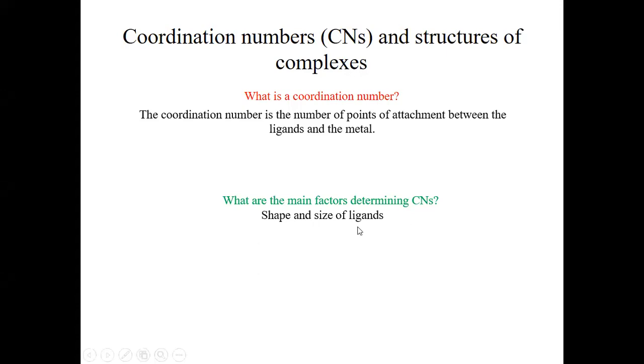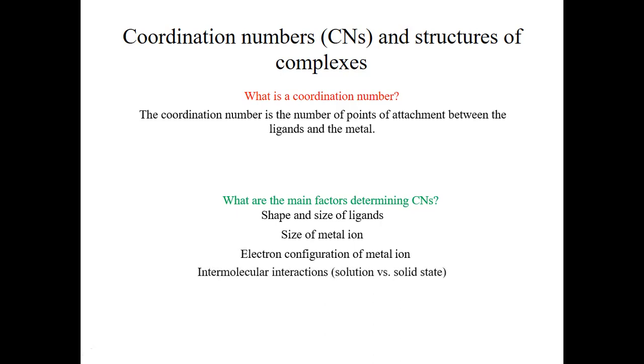Pertaining to the ligands, of course, the shape and size of the ligands will be important, as well as the size and electron configuration of the metal ion. Lastly, also intermolecular interactions. You can have different coordination numbers and structures in solution versus solid state.